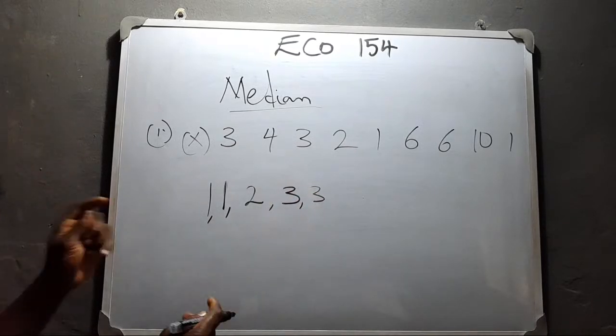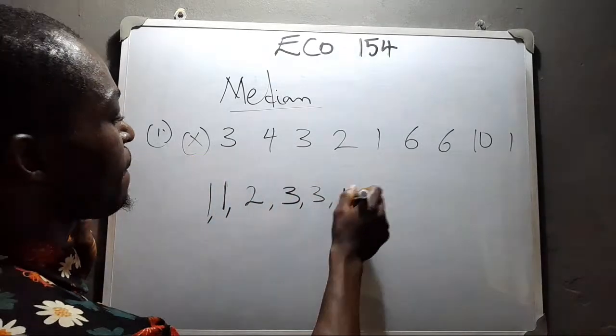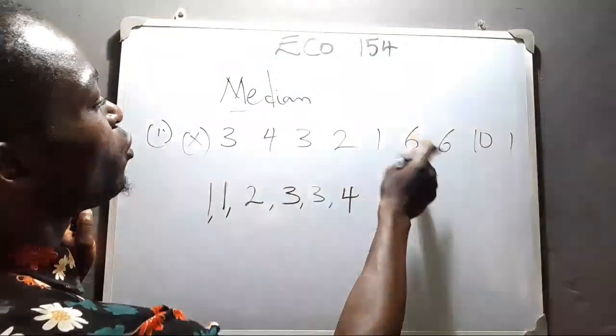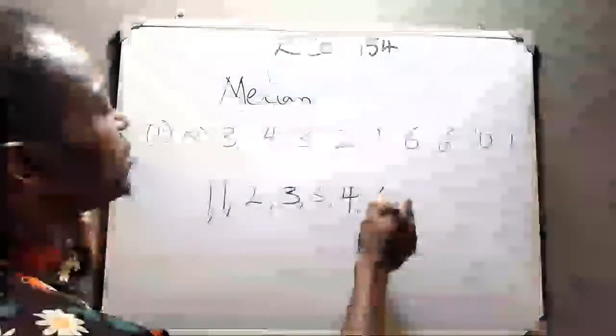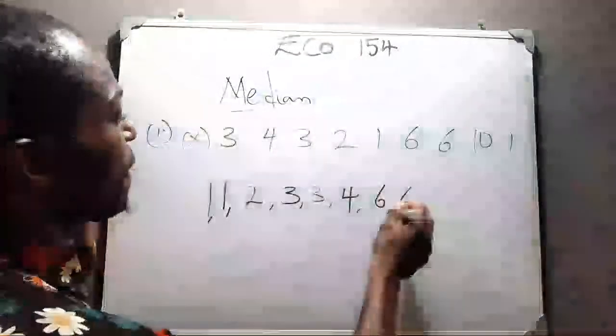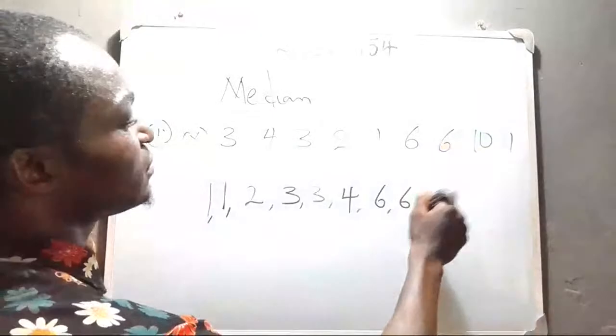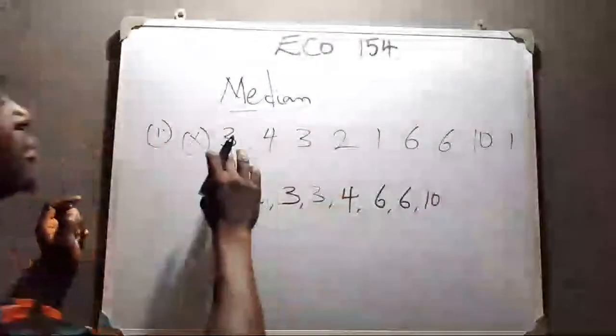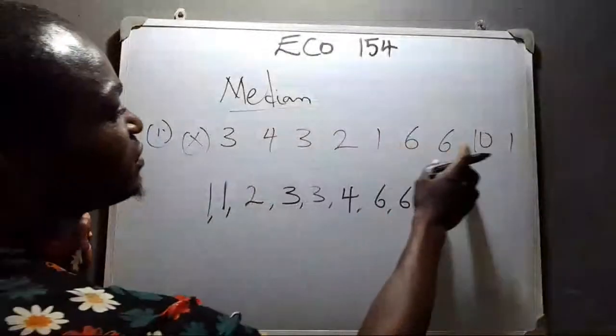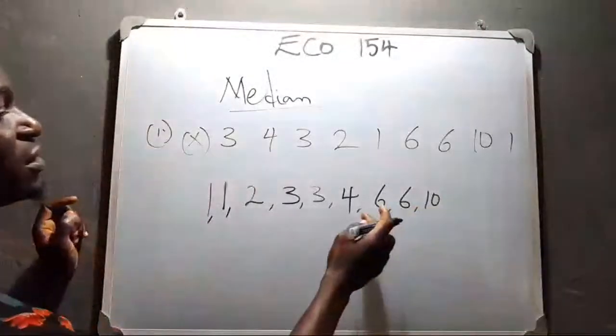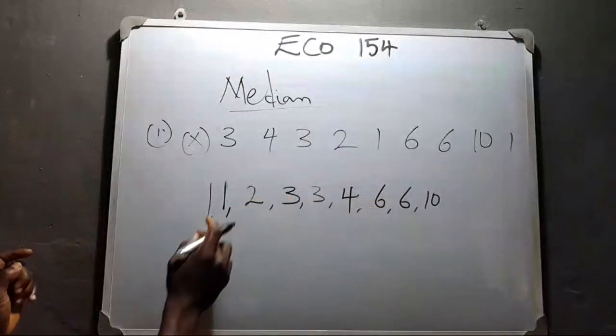So in rearranging these numbers, we have 4. We have 6 twice. And we have 10, which is the last number there. 1, 2, 3, 4, 5, 6, 7, 8, 9. We have nine numbers.